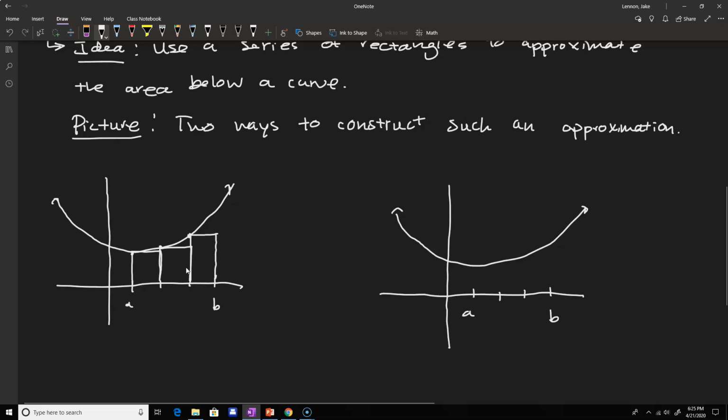So for these 3 rectangles I have these 3 dots on the corners representing the heights of the rectangles. Now, if you did it starting at the right-hand side, you'd move on the right-hand side, and then you would touch the curve, and then move parallel to the x-axis, and then do the same thing. So you can see what's going on is we have an under approximation using the left-hand sum. So we have the left-hand sum here.